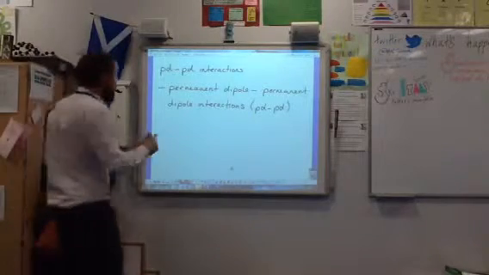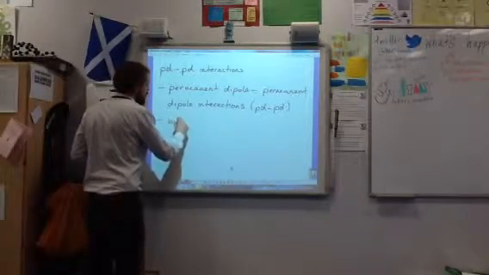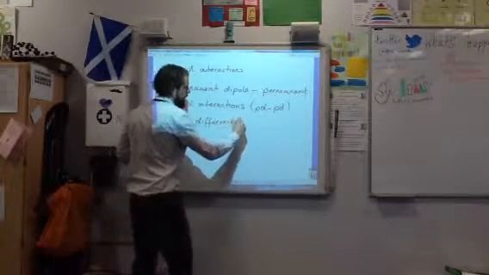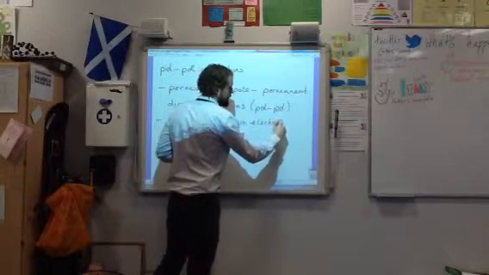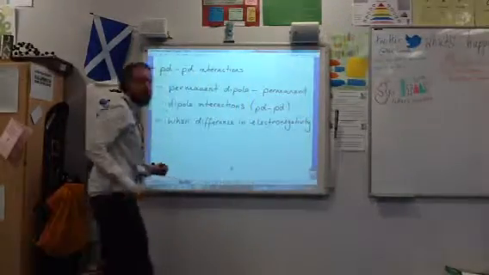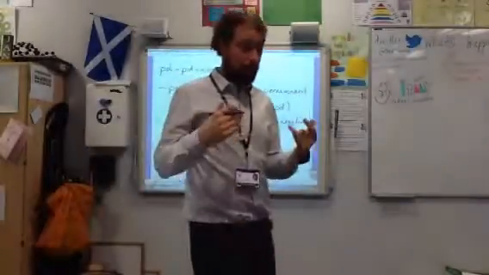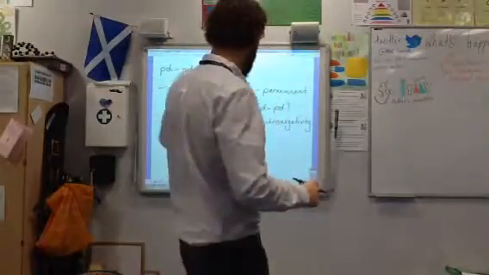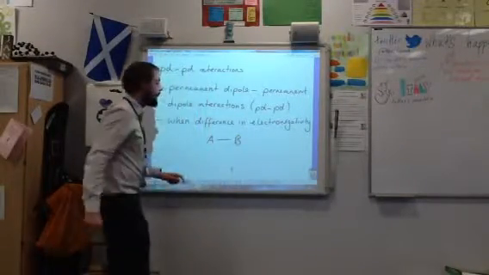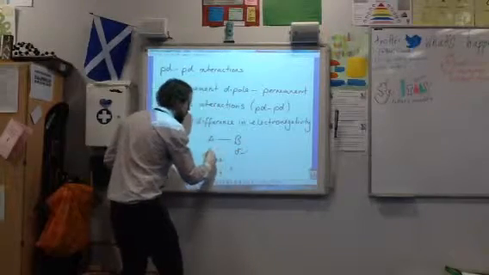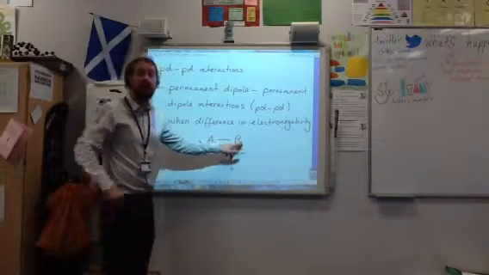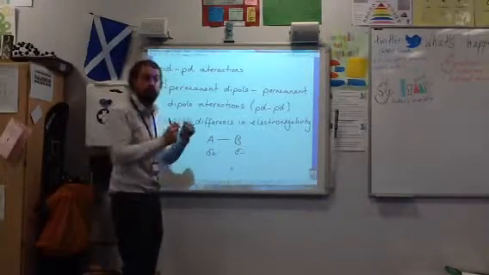It occurs when there is a difference in electronegativity. Now, often there's a difference in electronegativity, but it's not a polar bond. When I mean a difference in electronegativity between, let's say, atom A and atom B, it would leave one delta negative and one delta positive, and the reason for that is that B has a higher electronegativity and is pulling the electrons towards it.